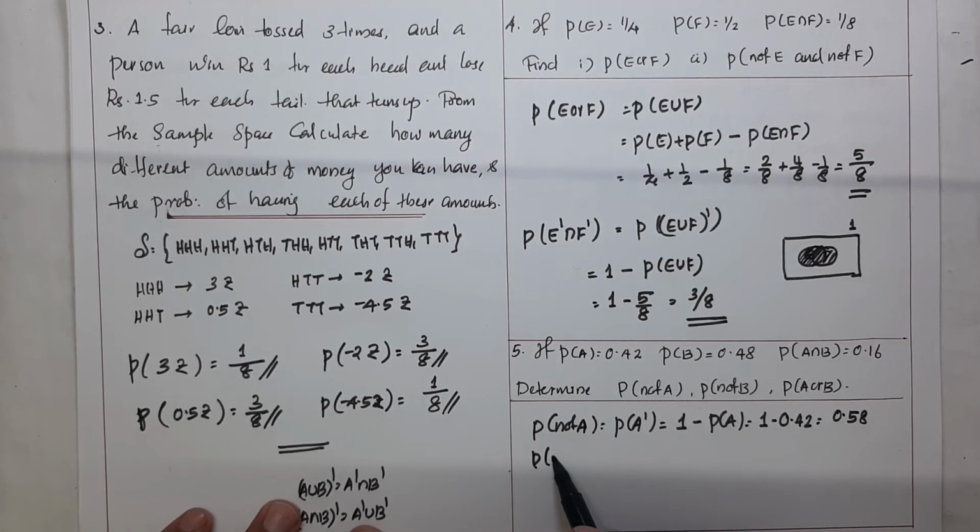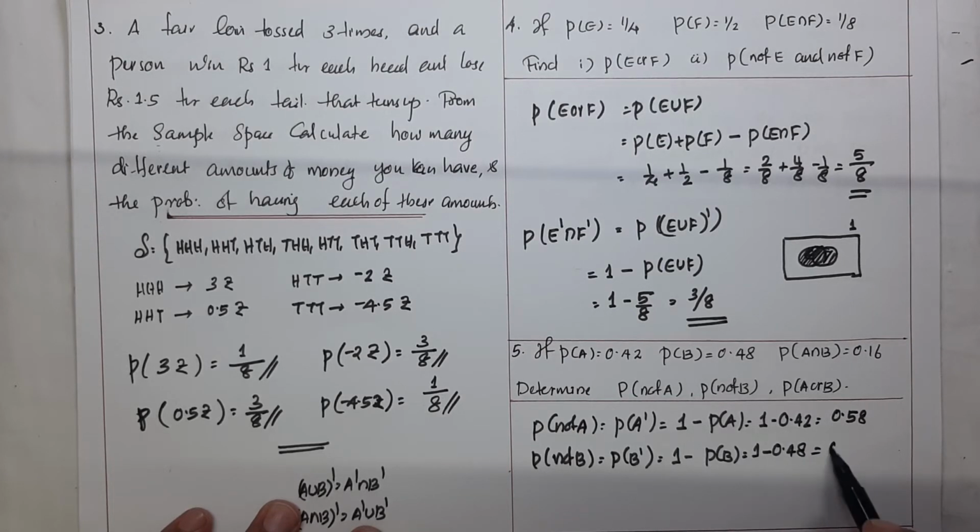Then P of not B is P of B complement, by the same definition: 1 minus P of B, which is 1 minus 0.48, equal to 0.52.